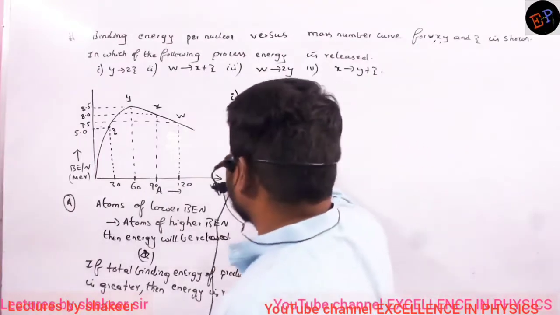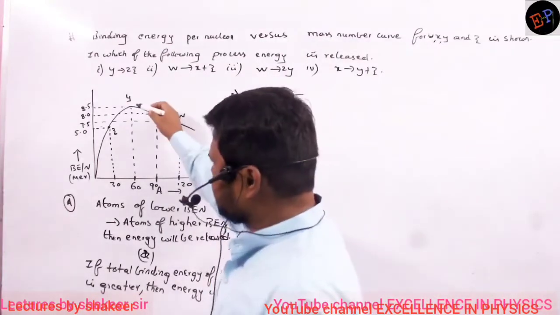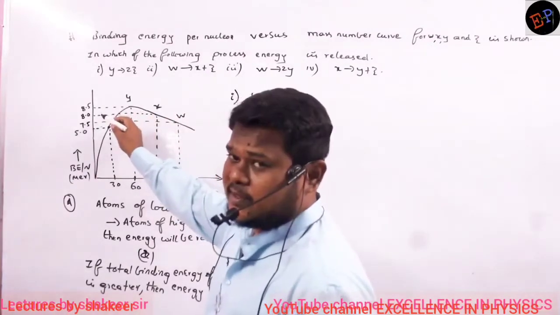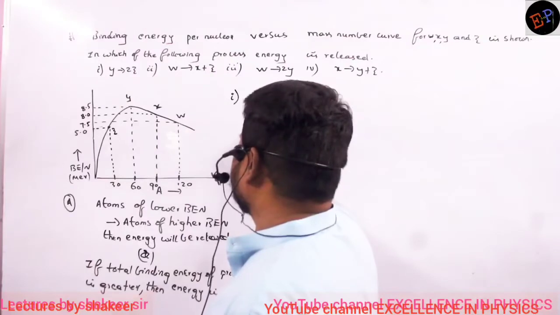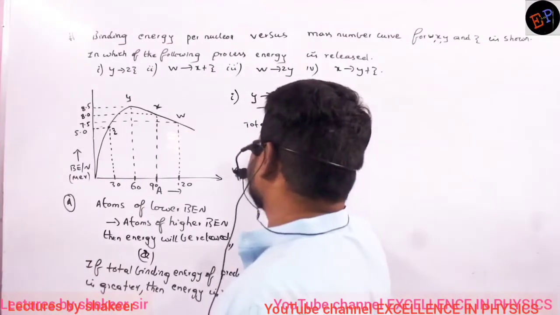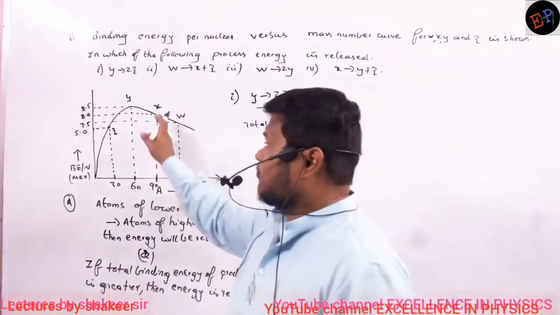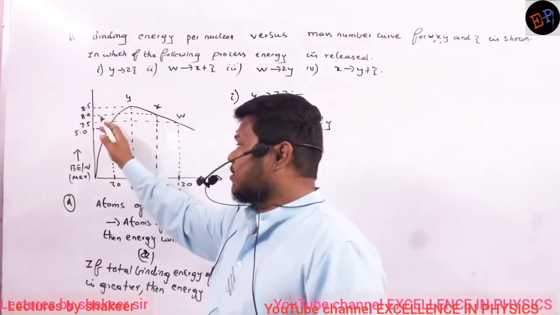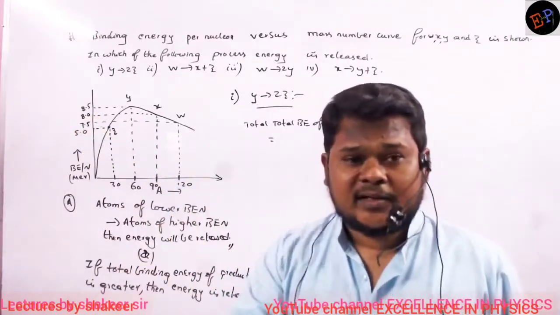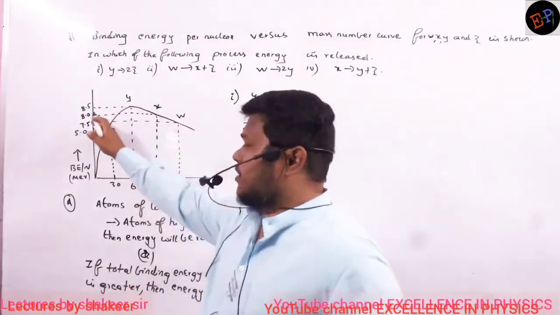Now listen very carefully. Y converts to 2Z. Now see where Y is present, this is Y, whose mass number is 60. And what is its binding energy per nucleon? 8.5. Then what is the total binding energy? 60 into 8.5.